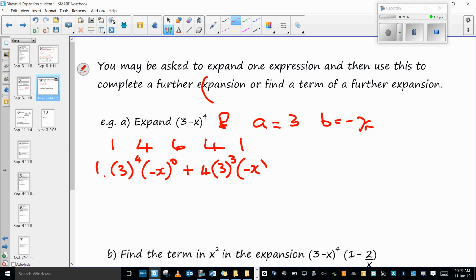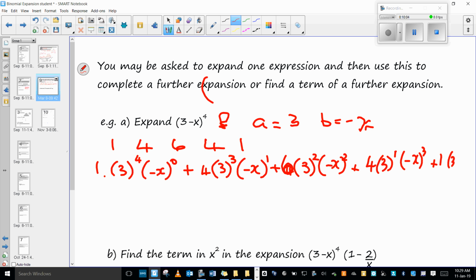And then plus 6, sorry, 3 to the power 2, negative x to the power 2, and then 4, 3 to the power of 1, negative x to the power 3, plus 1, 3 to the power of 0, negative x to the power of 4. Ooh, that's good.